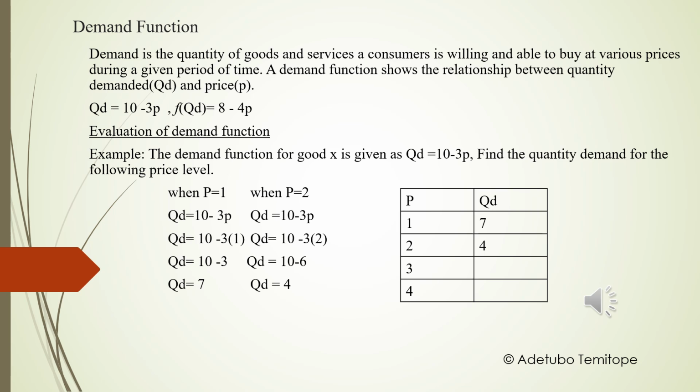Yes, that table is also the demand schedule. So you can try to attempt when P is 3, when P is 4. So that's how to evaluate the demand function, just substituting the various prices into the quantity demanded function. So that's the demand function. Thank you.